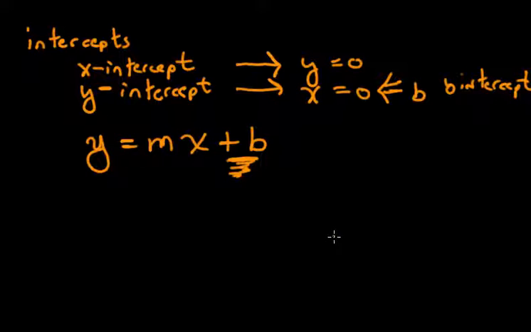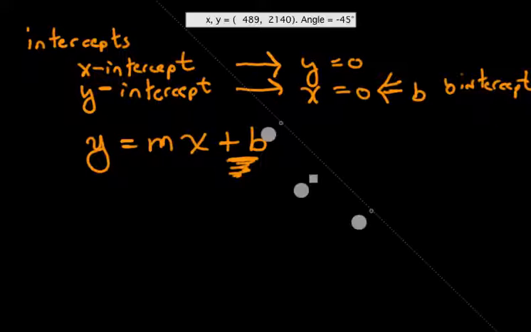We can define any line using these two things, slope and intercept. You usually need two pieces of information to make something, and in the case of lines, slope and intercepts are really good things to use.